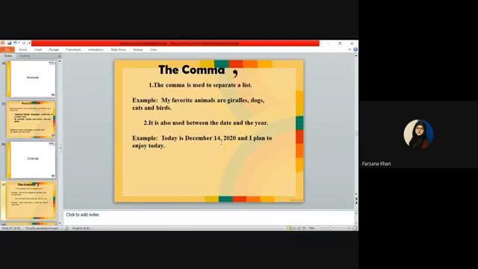If you want to add the day in the same date, first you will write the day, with the first letter capitalized, then a comma, then the name of the month and the date, and after that a comma and then the year. So comma is used between the date and the year.